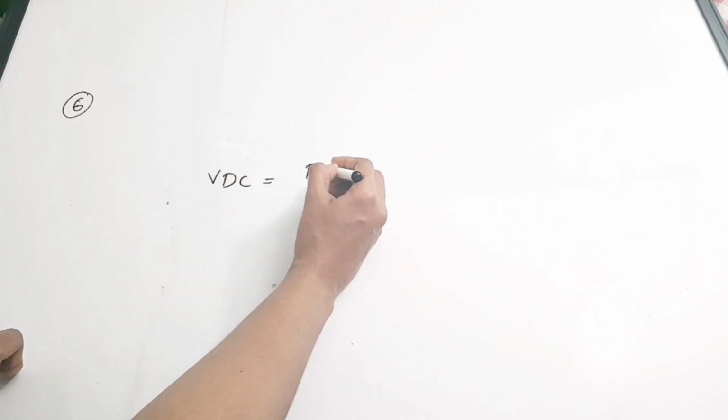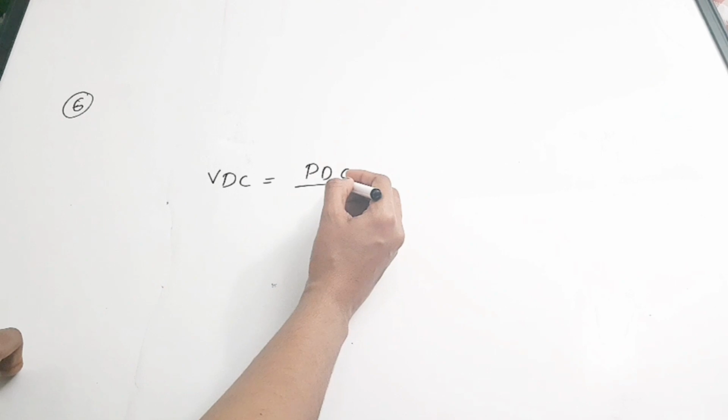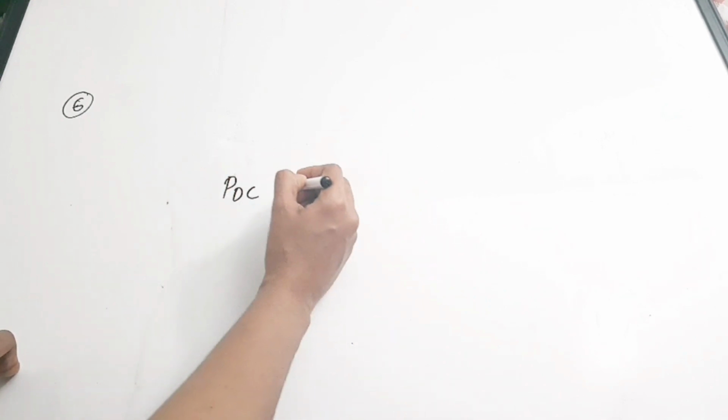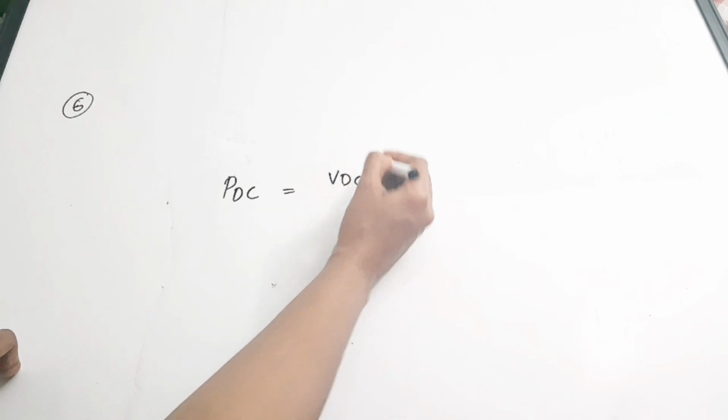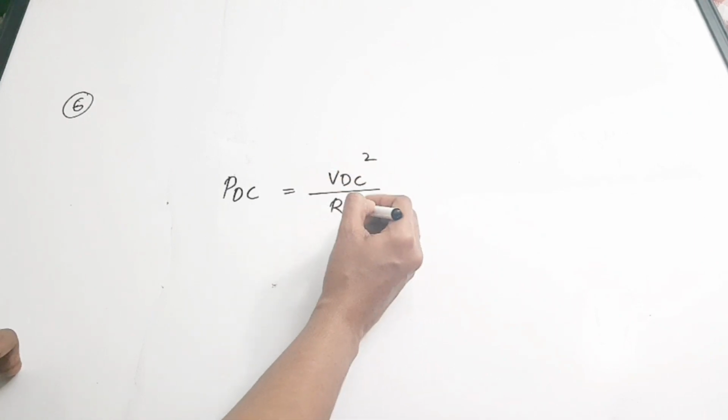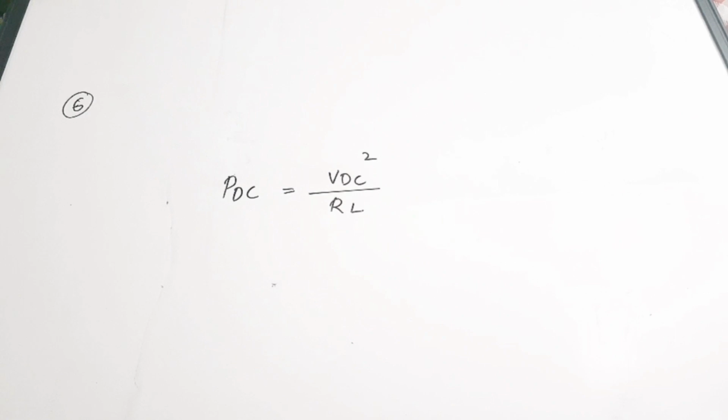So what is the equation for finding the DC voltage? There will be some AC component present along with your DC voltage. That is the ripple, right? So first we will find the DC voltage. The DC power is equal to VDC squared by RL. This is the equation for the DC power.